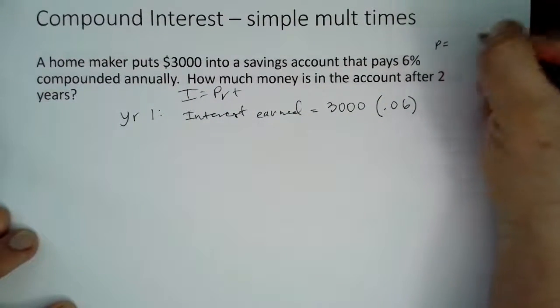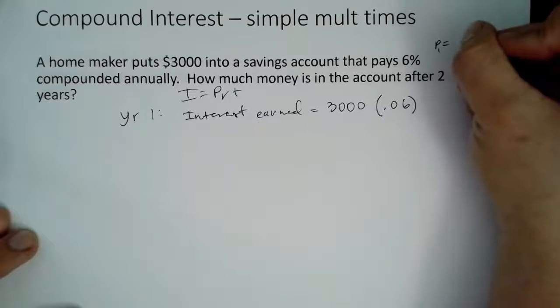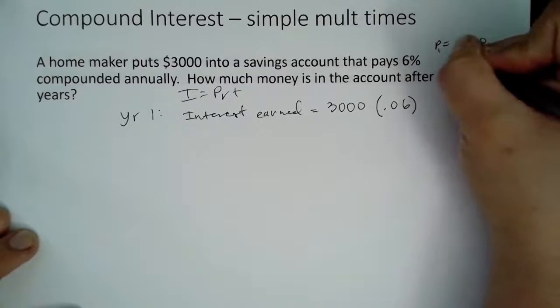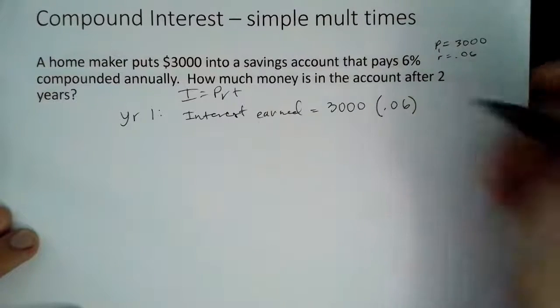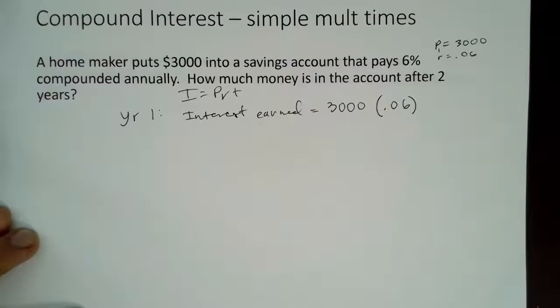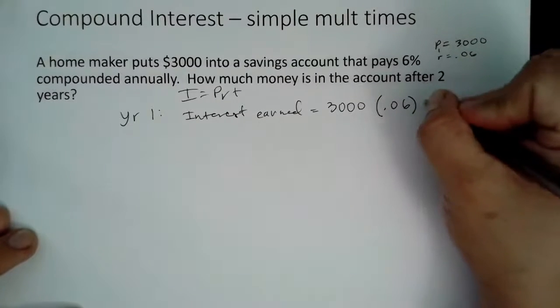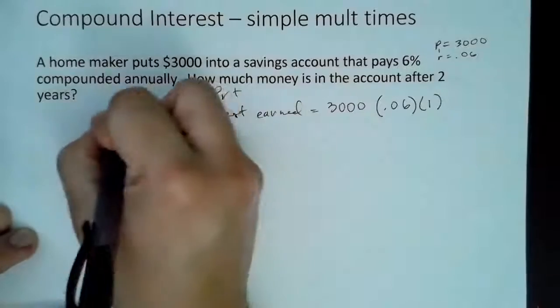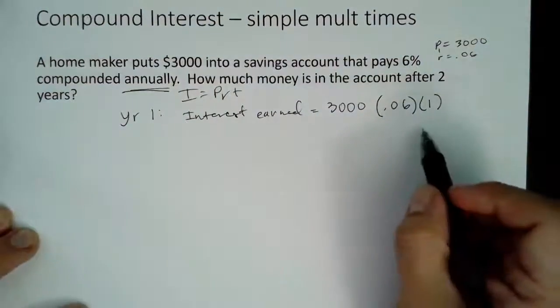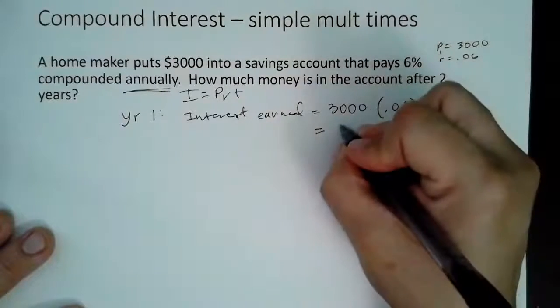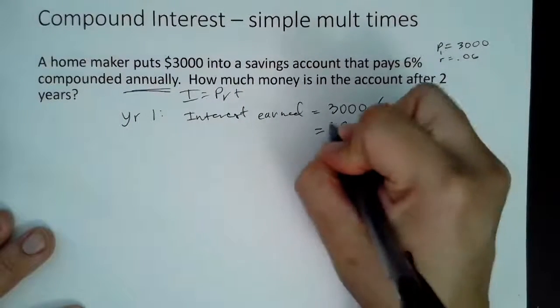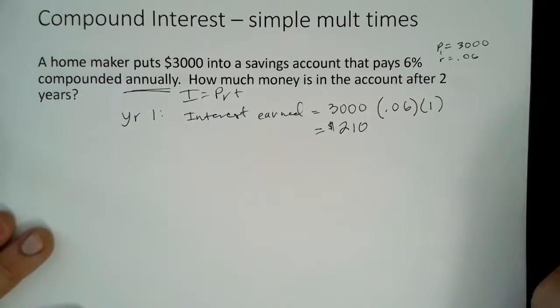Here the principal for the first year is 3,000, the rate is 6%, and the time is 1 year. Because it's compounded every year, that's why we have to do it this way. So after the first year, she's going to earn $210.